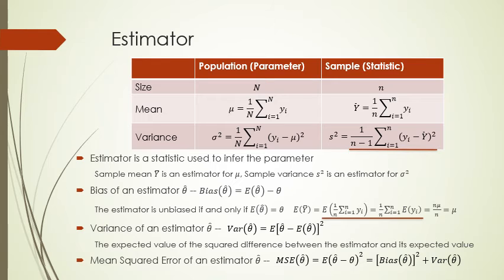We may derive that the MSE of theta hat is the sum of its bias square and its variance based on its definition. Thus, when the estimator is unbiased, such as the sample mean, then the mean squared error is equal to the variance of the estimator.